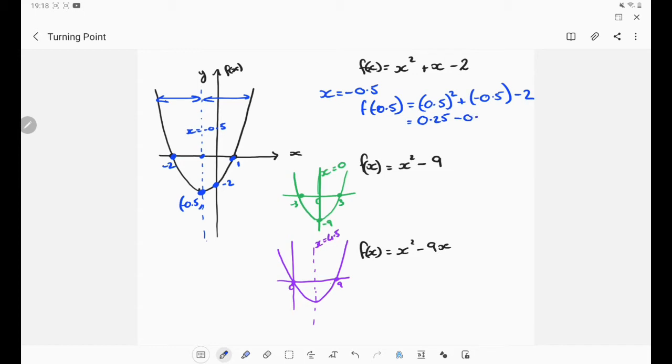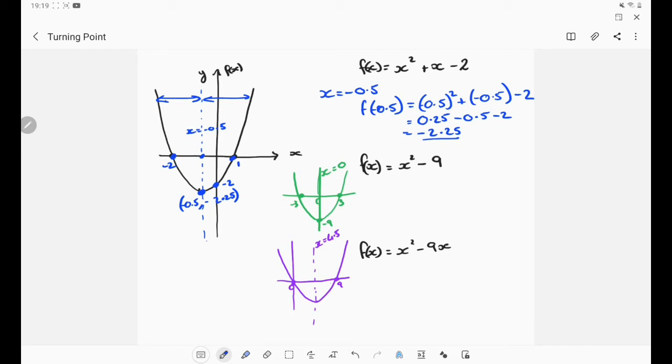Take away 0.5, take away 2. And if you collect those together, you're going to end up with -2.25. So our coordinate is x is -0.5 and y is -2.25.